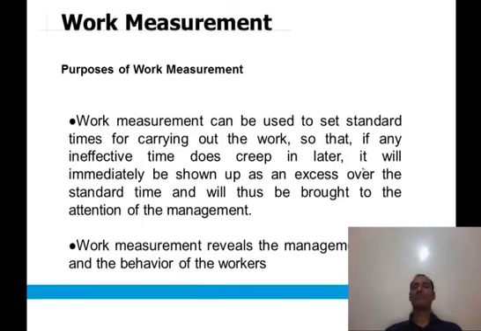Work measurement can be used to set standard times. This is the purpose of work measurement, to set standard times for carrying out the work.